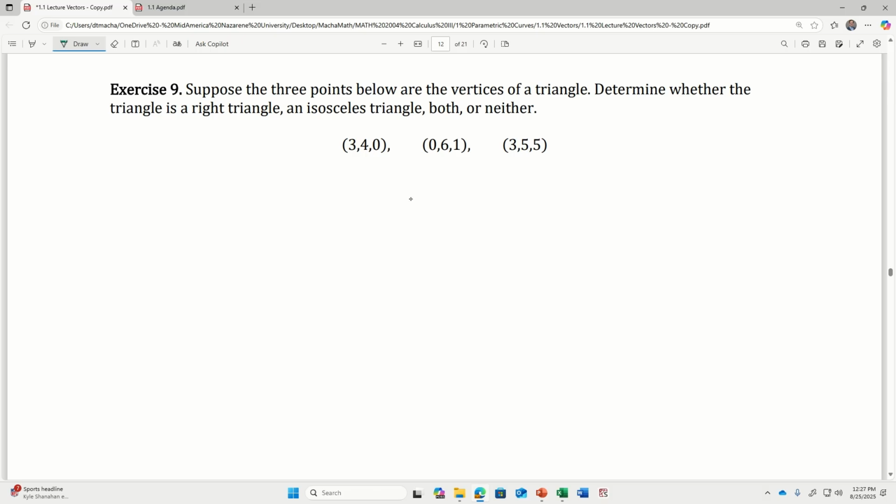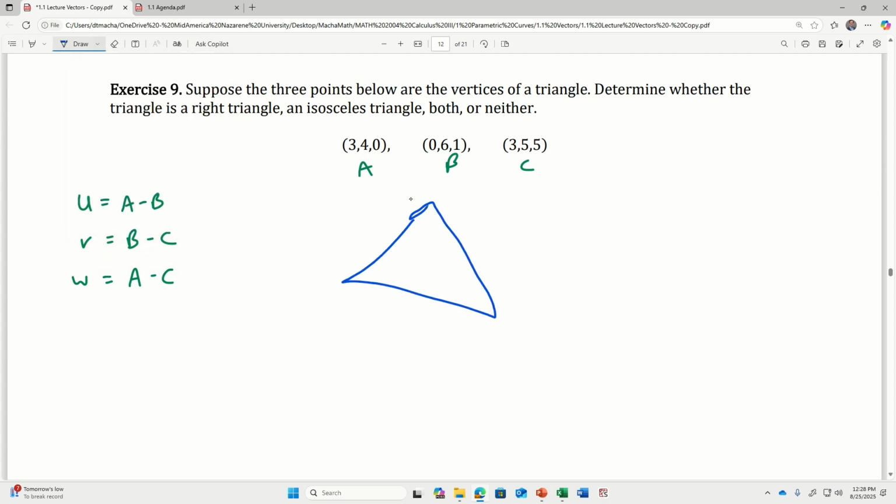Ben says, call this point A, B, and C, and then let's calculate some difference vectors. And now, whatever our triangle looks like, I don't know, just pretend this is our triangle.